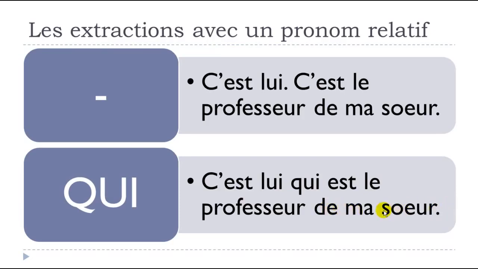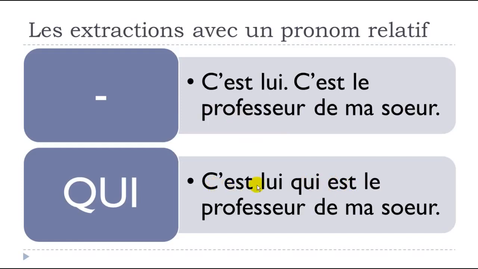Okay, so keep in mind and remember that we will put qui just because in the second sentence here, it's the subject. That's the reason why. It doesn't have anything to do with the fact that it's a person or an object. Basically, it's just because it's a grammatical subject right here.